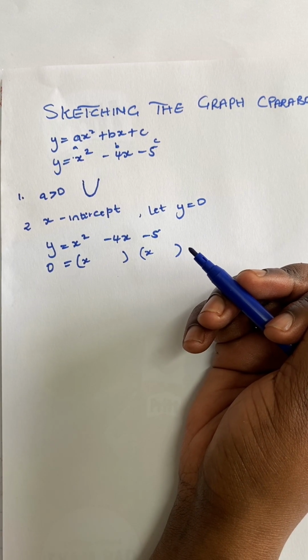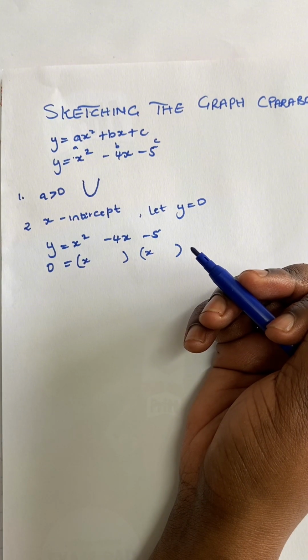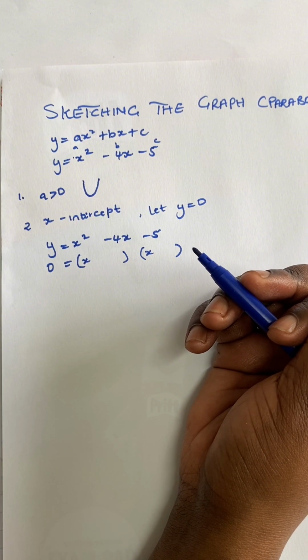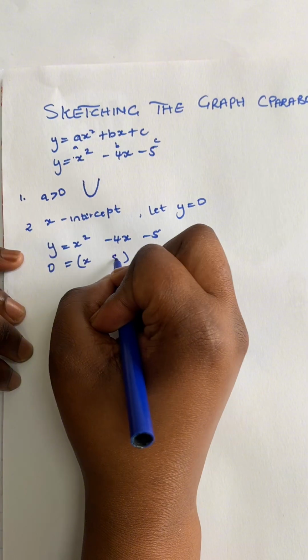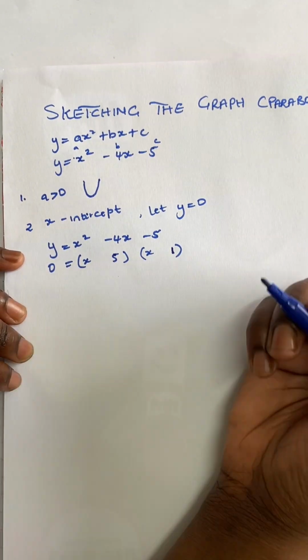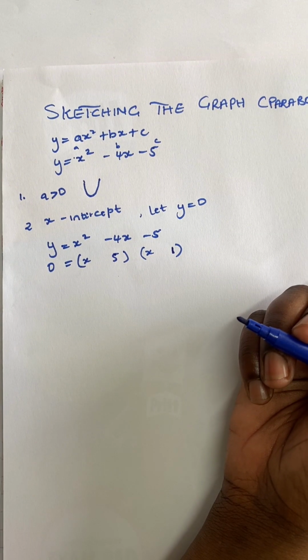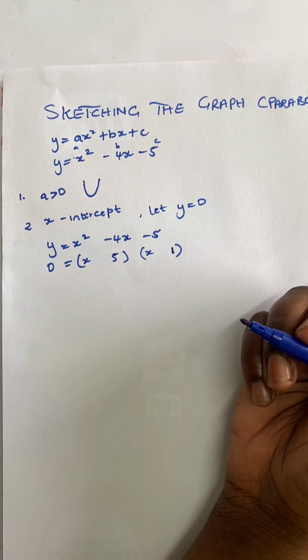So you will be trying to find the factors of 5. It's 5 and 1. Let me write that down first. 5 and 1. And then now you have to check the middle term.